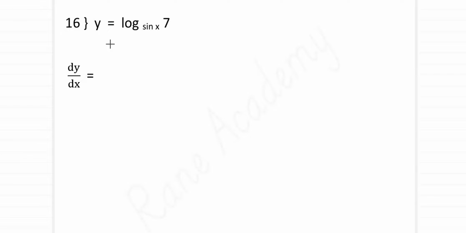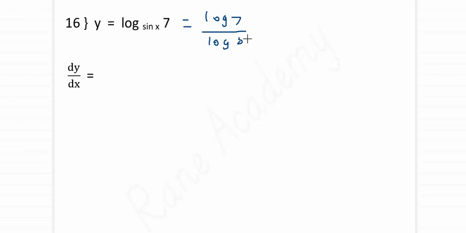Now the question is, y is equal to log 7 to the base sin x. It is not comparable with any of the standard results, so we have to simplify using a property of logarithm, that is the change of base formula. We can write this as log 7 upon log sin x, where log actually means to the base e.